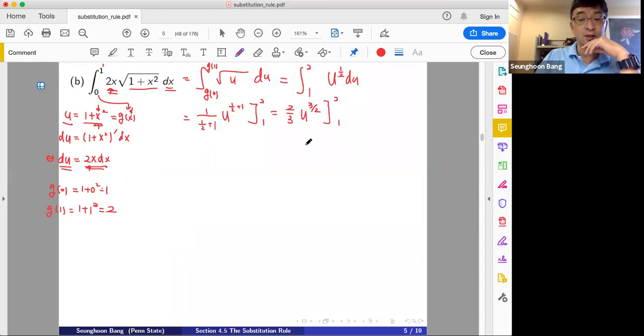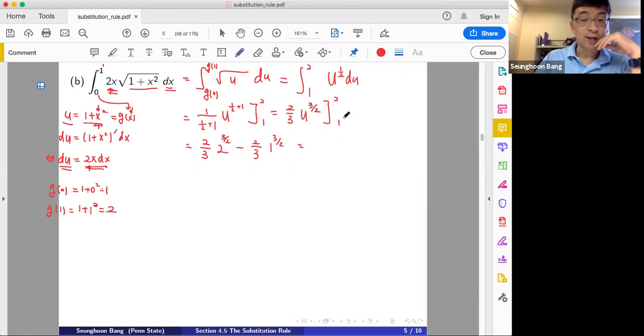So you can plug the upper limit into u: 2 over 3 times 2 to the 3 over 2, minus 2/3 times 1 to the 3 over 2.